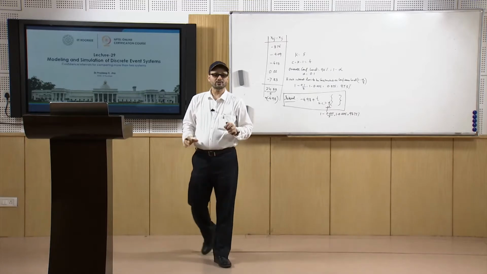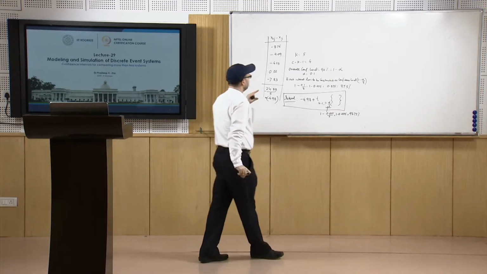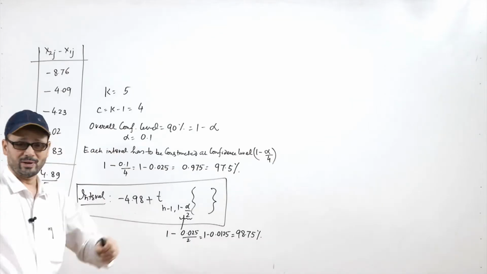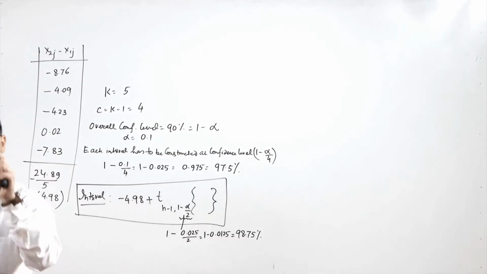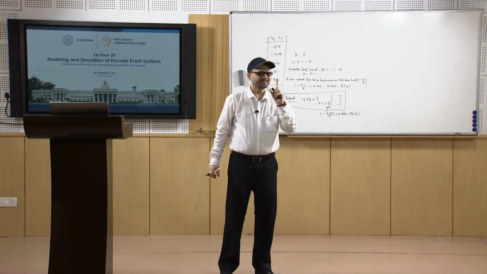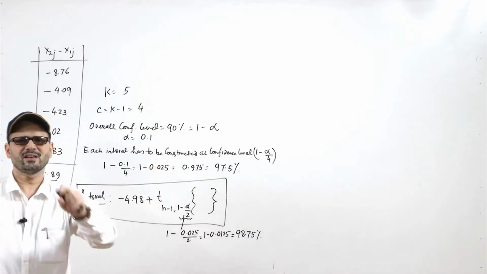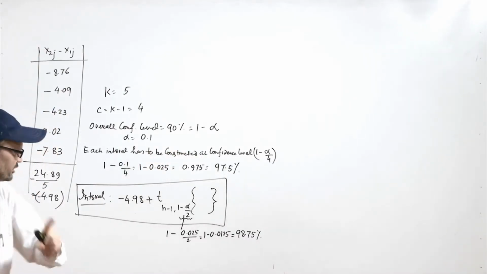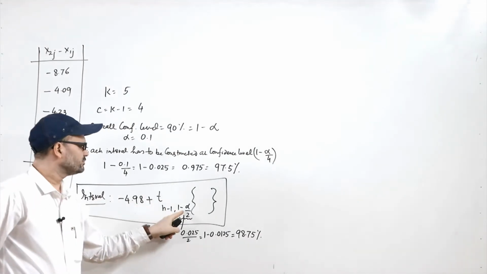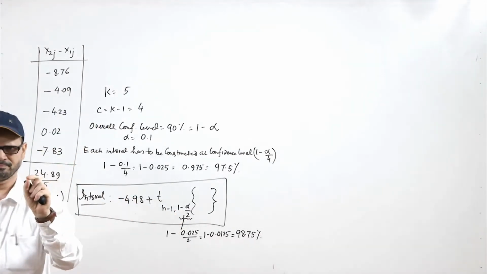So, basically what we see is that in the earlier case, when we had to compare with only one system and have a confidence level of 90%, this term comes out to be 0.95.